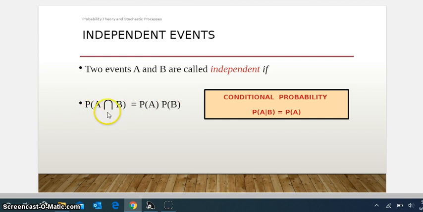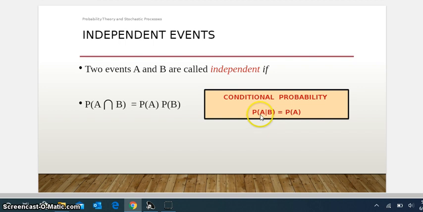If you substitute this in the conditional probability definition, it becomes P of A given B is equal to P of A times P of B divided by P of B, which gives you P of A. So what does it mean? When A is conditioned on B, you know the prior probability of B, then we use conditional probability.